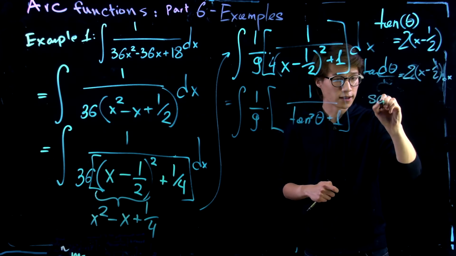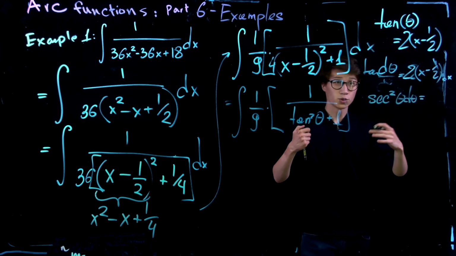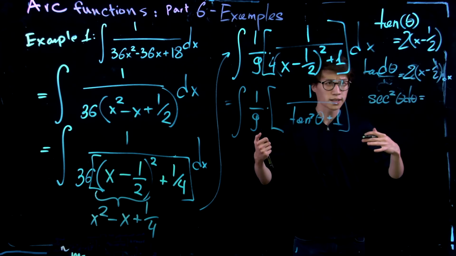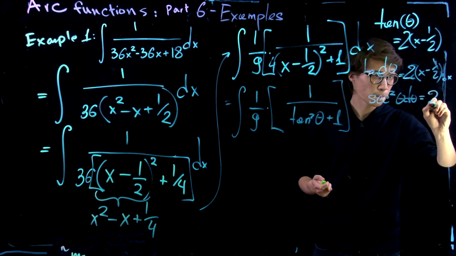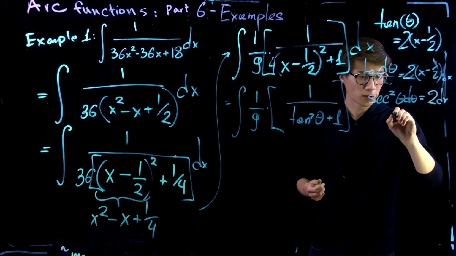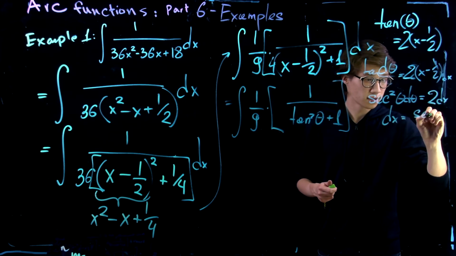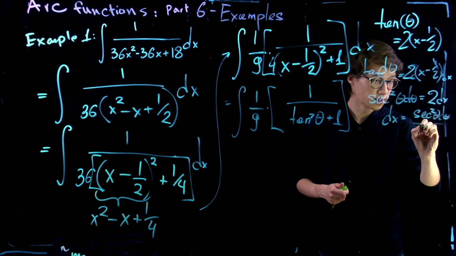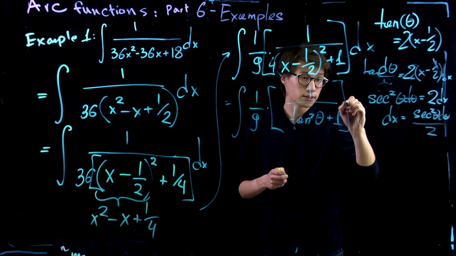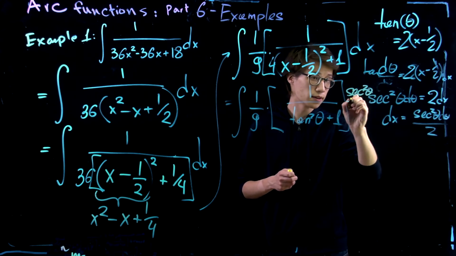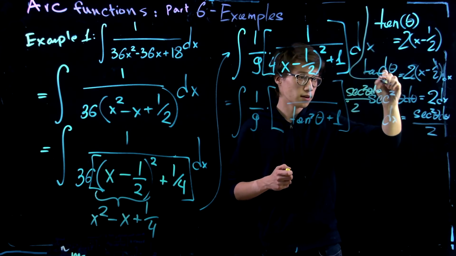So this would be secant squared theta d theta equals 2 times x minus a half. It's 2x minus 1. And the derivative of 2x minus 1 is just 2 dx. Therefore, we have that dx is going to be equal to secant squared theta d theta divided by 2. And we can just plug in right back in here. So this would be times secant squared theta divided by 2 d theta.